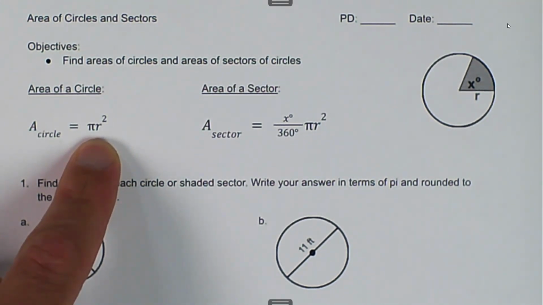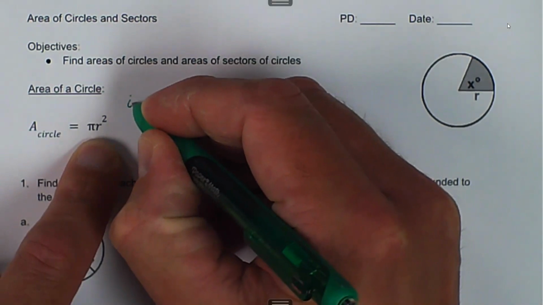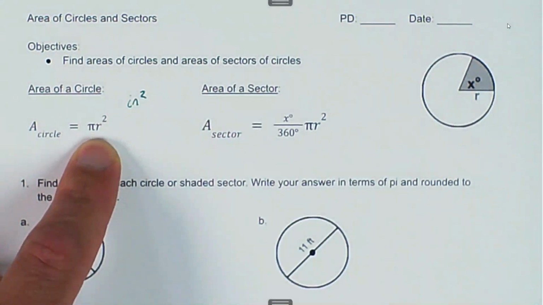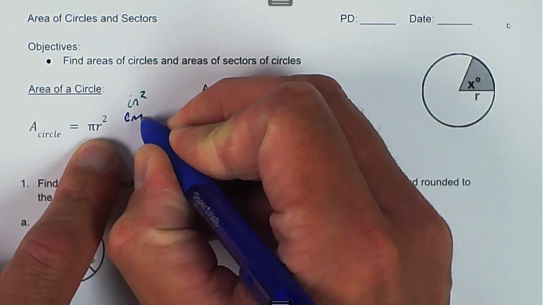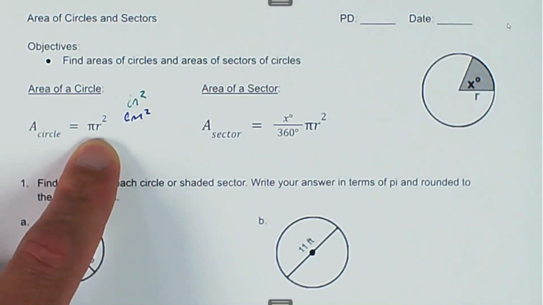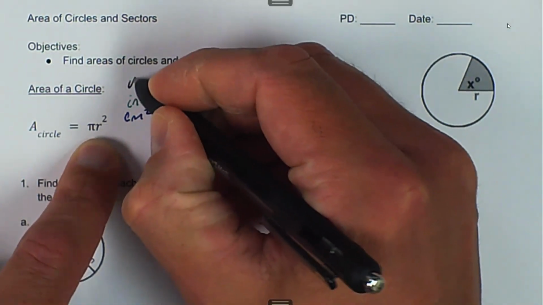Some units that we've heard of before that mean area, we could say inches squared, centimeters squared, or basically just anything. We could just say units squared.